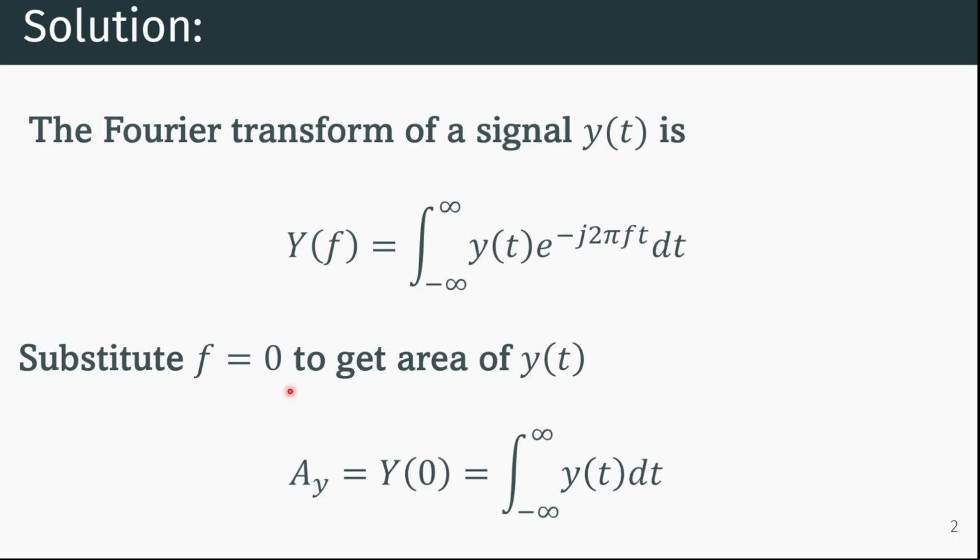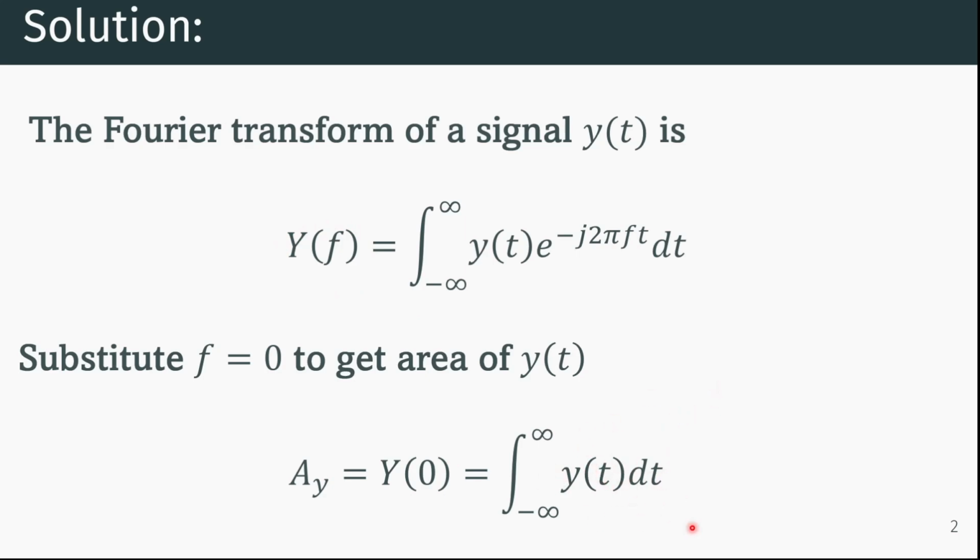The integral becomes the integral of y of t e power 0, which is nothing but 1. So finally you get the area of the signal. How do you get the area of the signal y of t? By replacing f with 0 in the Fourier transform of that particular signal.